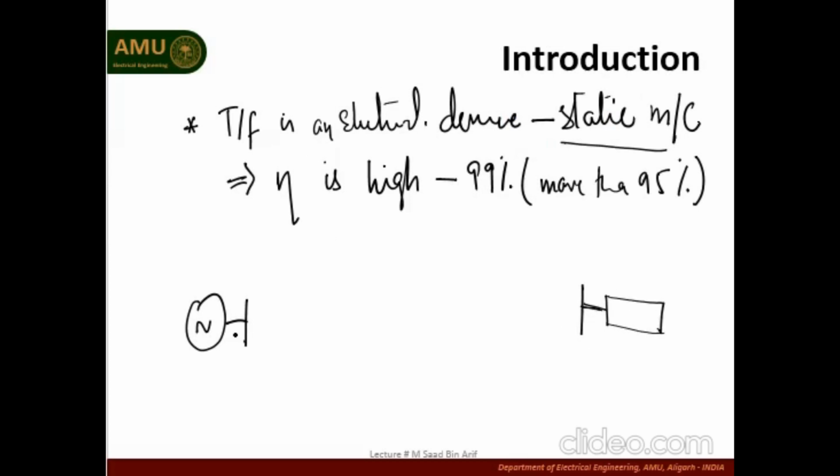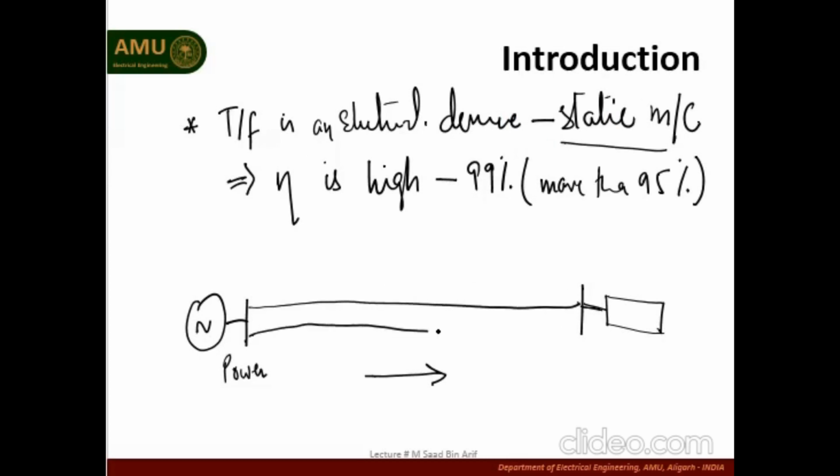If we want to transfer the generated power to the consumer end, we need to transfer that power through a long transmission line. The length of this transmission line can be hundreds or even thousands of kilometers. So we need to transfer the power through a long distance.